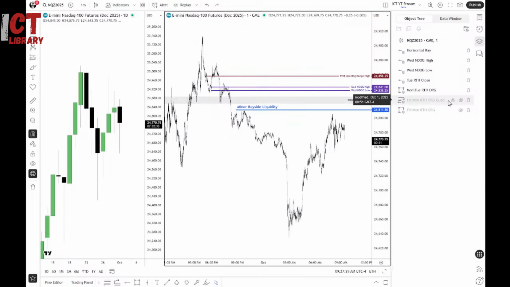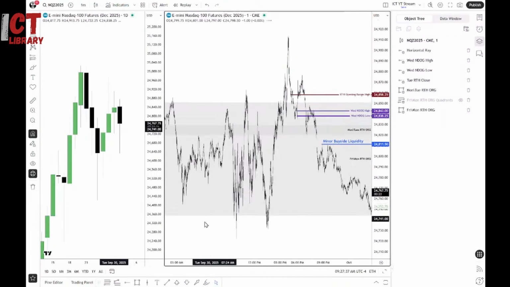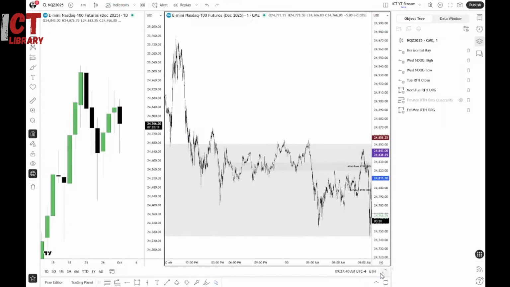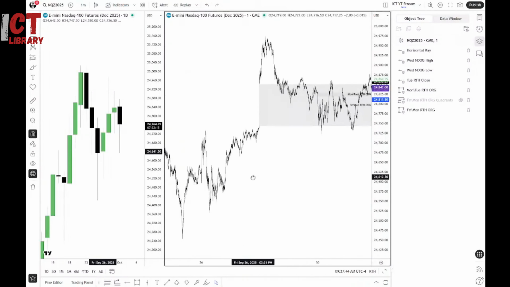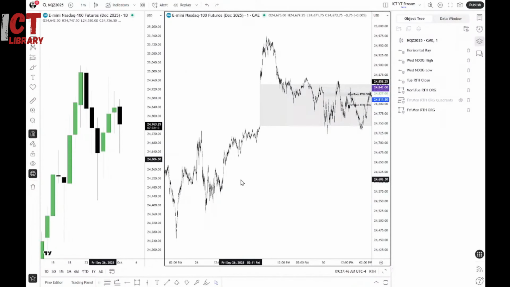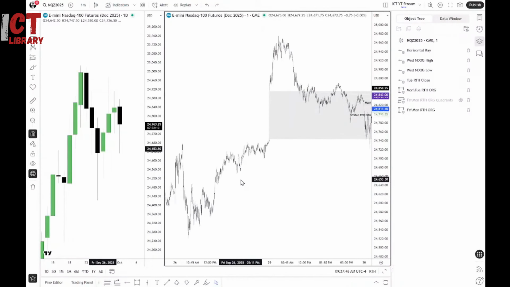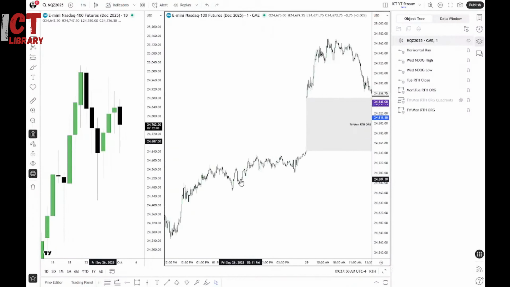Friday to Monday, regular trading hours, quadrants, we'll show that in a second, but right now I'm going to add that. What this is doing is showing the entirety of the separation, which was a huge gap in regular trading hours for Friday. It closed where we opened up Monday morning at 9:30.